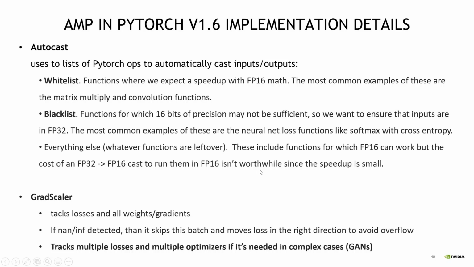GradScaler is a simple class that has a couple of methods to scale and unscale gradients, and apply gradients if inf values were not found. And it's important that GradScaler can track multiple losses and multiple optimizers if needed in complex cases like GANs.